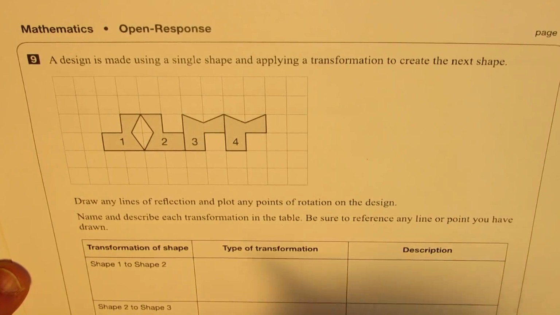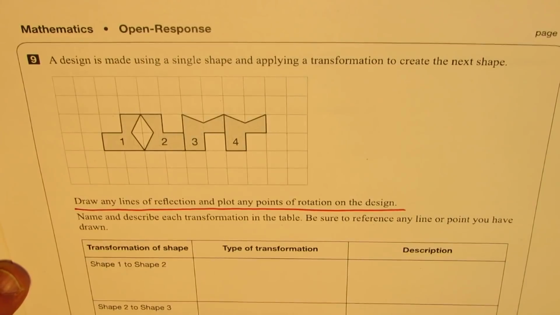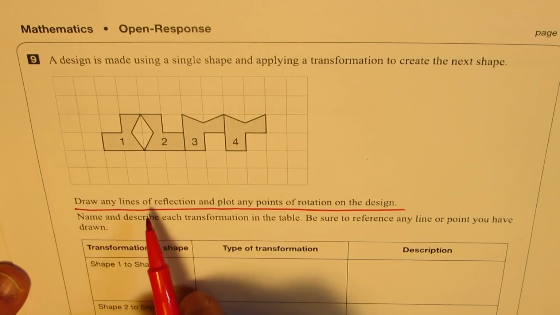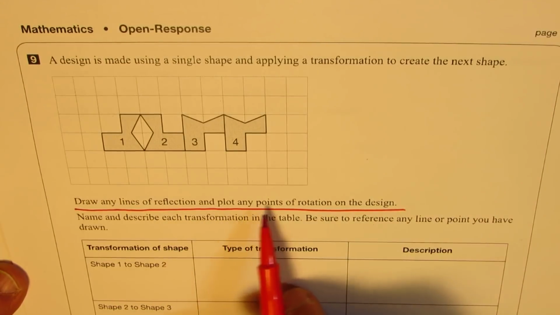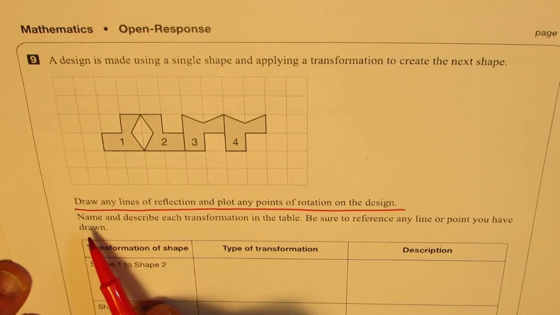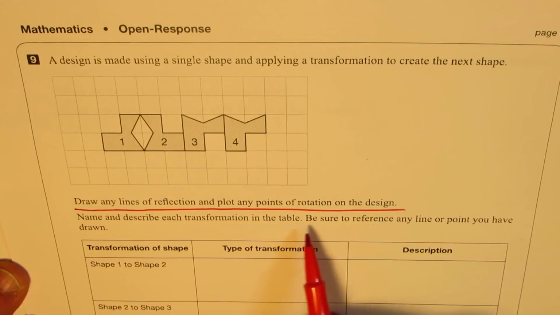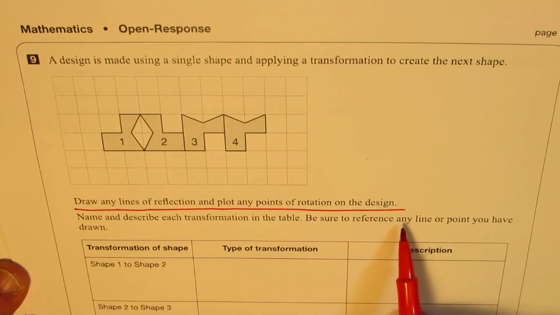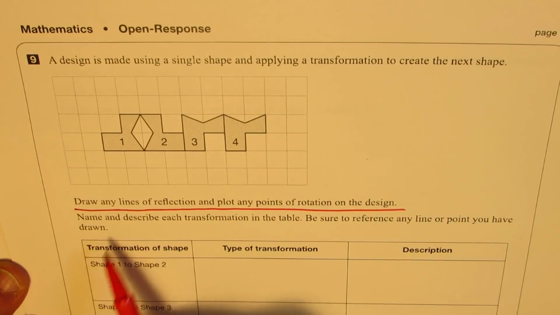Now it's very important to understand what is written here, right? You need to draw lines of reflection if there are any, and plot any points of rotation on this particular design. Now, name and describe each transformation in the table. Be sure to reference any line or point you have drawn, correct?